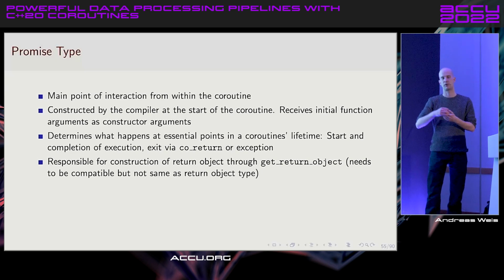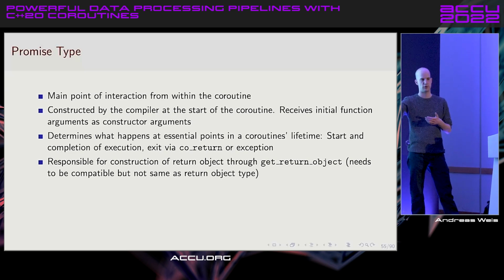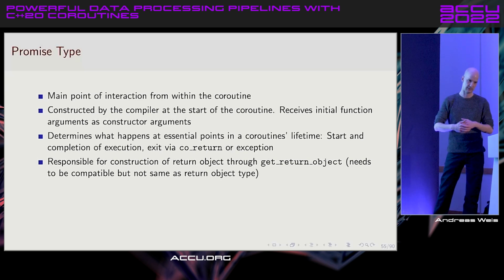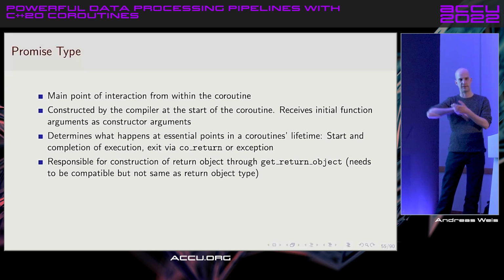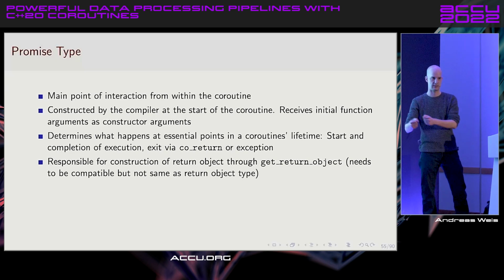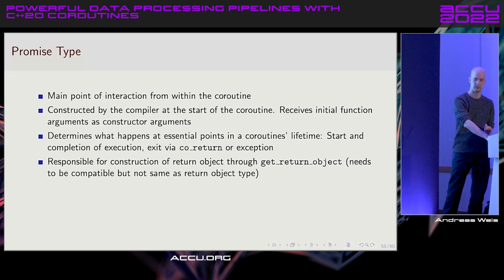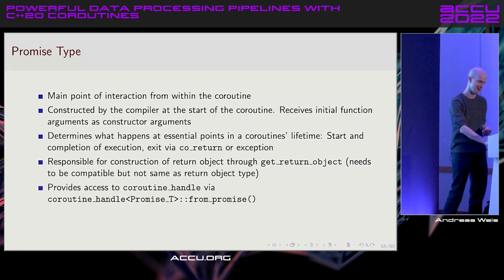So the way that it works is the promise is actually the one, it has a special function called get_return_object, which is again invoked behind the scenes by the compiler. That one constructs the return object, which is then stored away in a secret place. And then when I first resume again to my caller, I pass this out as a return value. This is a bit weird, but you just have to accept it because that's how this works.